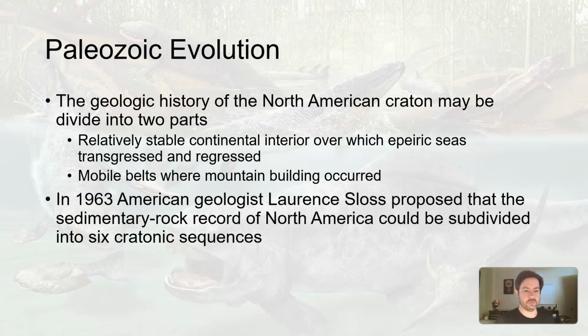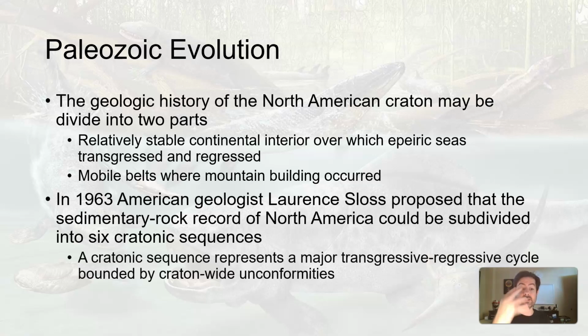Back in 1963, not all that long ago, geologist Lawrence Sloss proposed that the sedimentary rock record of North America could be divided into 6 cratonic sequences. What we'll look at in the Paleozoic is actually 4 of these sequences.